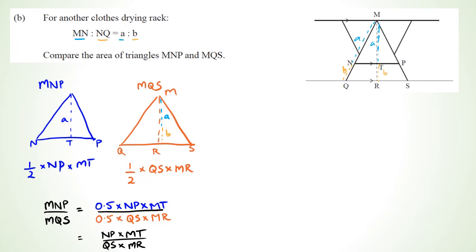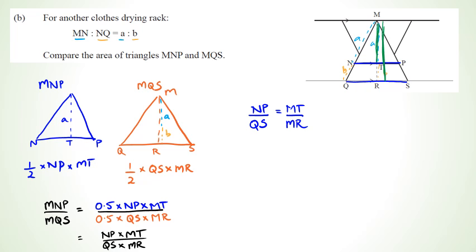So if I just look at NP, now NP is this part here, NP and QS, because they're similar triangles, I can say that NP divided by QS should equal MT divided by MR, because they're similar triangles.